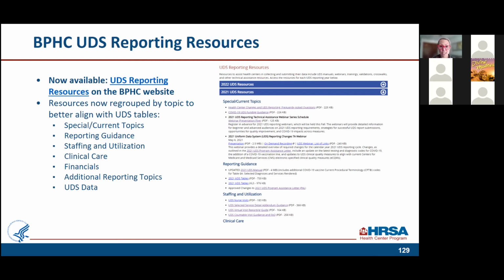I've been referencing that a fair amount. So this is a snapshot of that hub. And I just want you to know that there is this 2022 section, but where you're going to find the resources related to this year's reporting for the 2021 are all here.